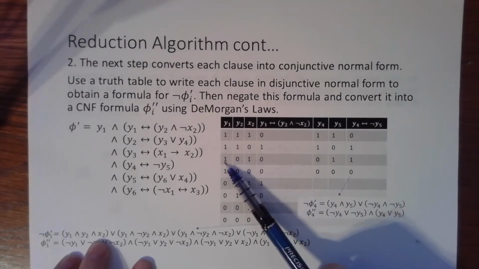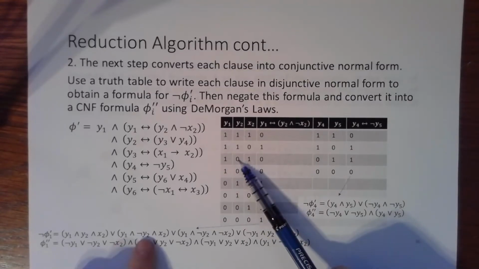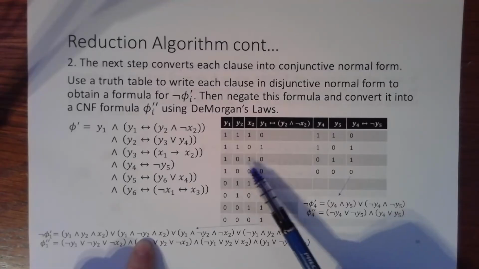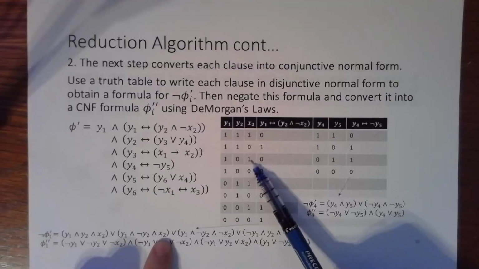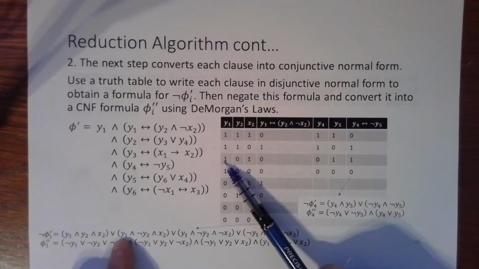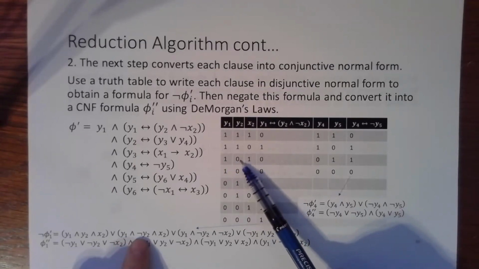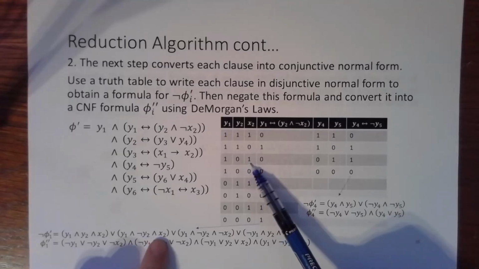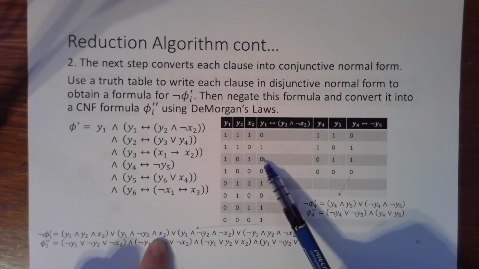So that would be y1 is true, y2 is false. We'd have to put not y2, and x2 is true. So this y1, not y2, x2 corresponds to this 0.